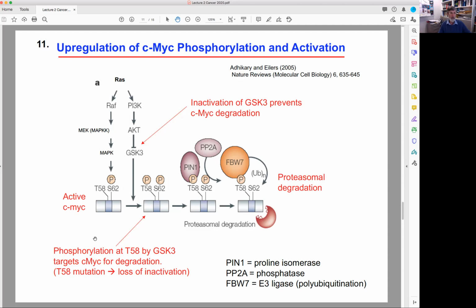So phosphorylation at T58 by GSK3 targets c-Myc for degradation. So consequently, as you'd expect, mutations to this residue T58 can cause the loss of inactivation of c-Myc.